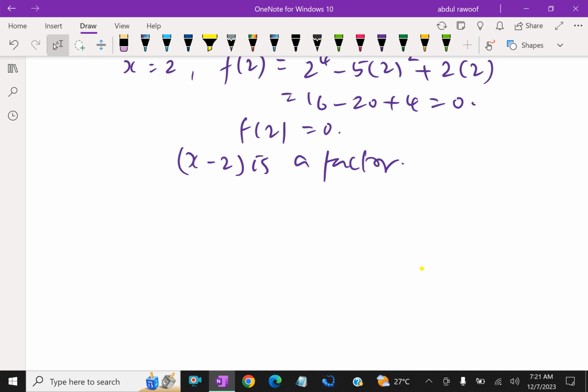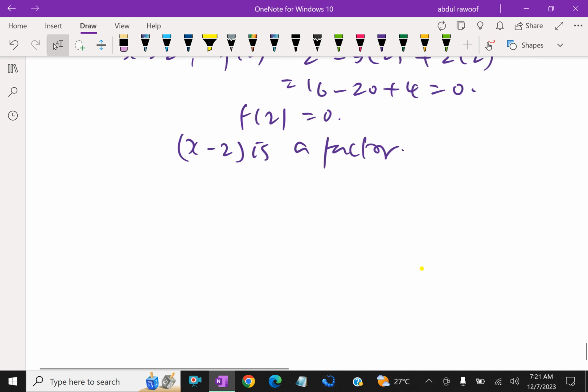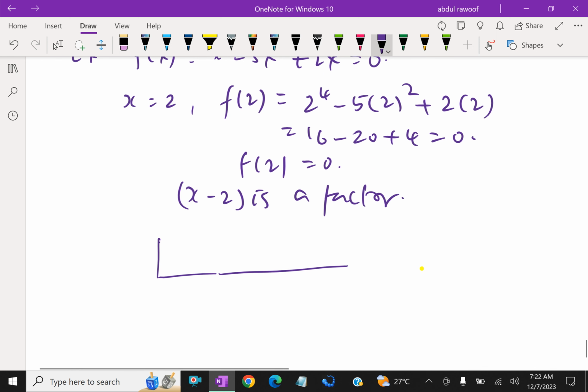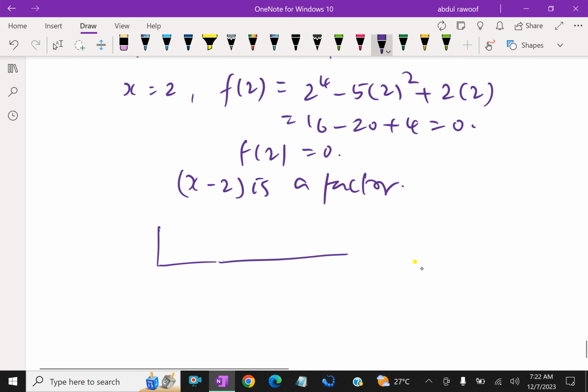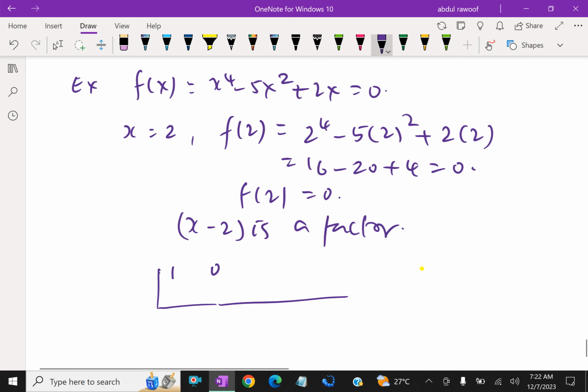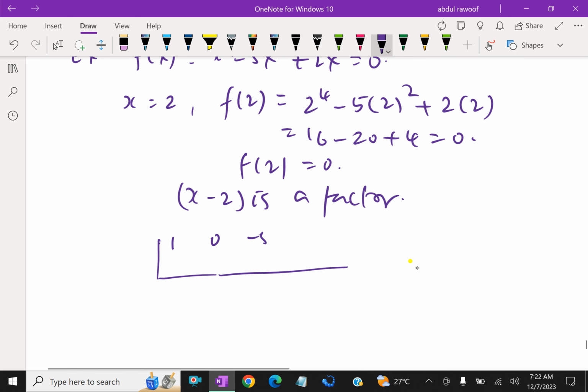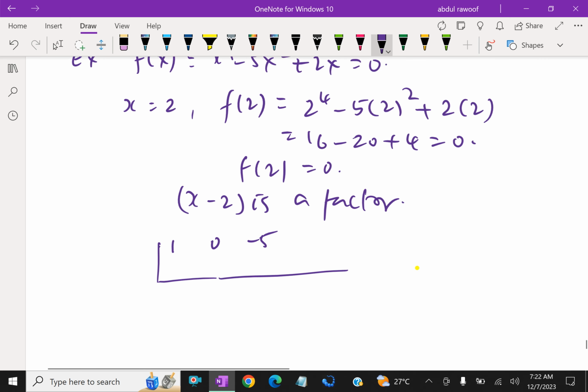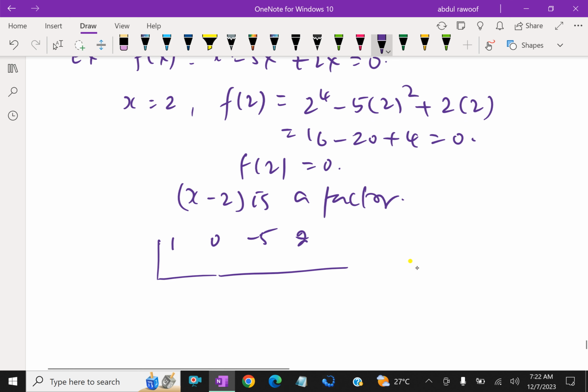Now we have to get the roots of this equation and write down the other integer root. For that we do synthetic division. The original equation is x power 4, the coefficient is 1, x cube is 0 because there is no x cube, then minus 5, plus 2.